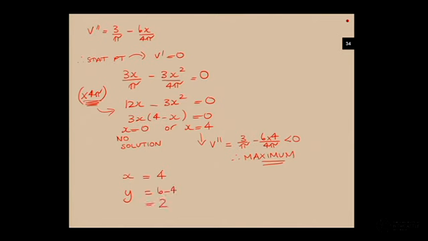So the rectangle would need to be 4 centimetres across and 2 centimetres high to make an open-ended cylinder with a maximum volume. That is actually what you've done: a 4 centimetre by a 2 centimetre rectangle, and you've done it algebraically.